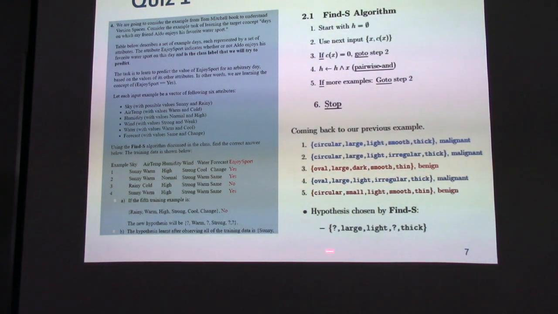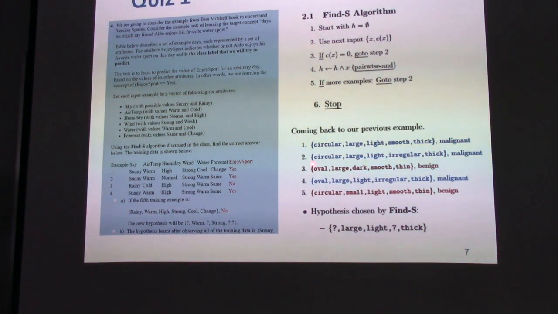Here is an example in the professor's handout. The malignant means the positive, because we want to find the malignant tumor. For example, there is a circular, large, light example. This attribute is different, so it should be a question mark. And this is sick.